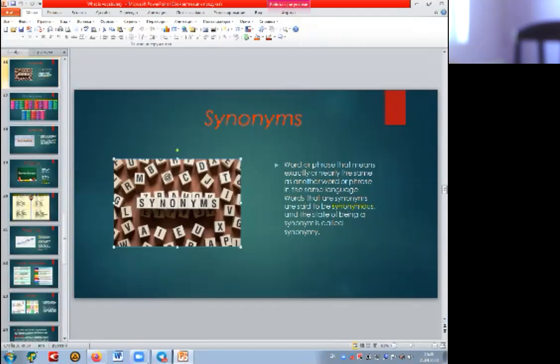For example, big and huge. Big means large, and huge means very large. Synonyms will have a close meaning, but sometimes the meaning may be the same, sometimes it may be different.